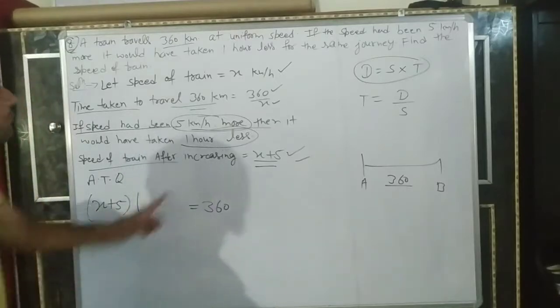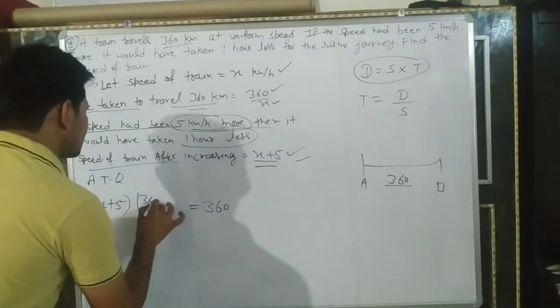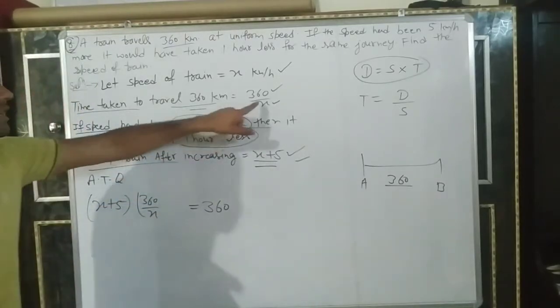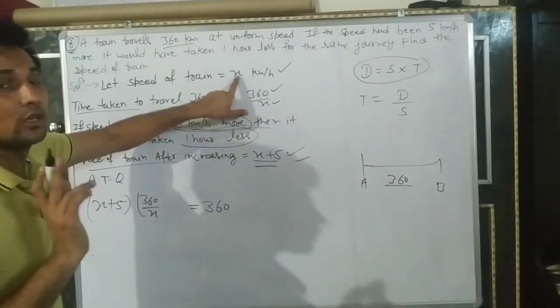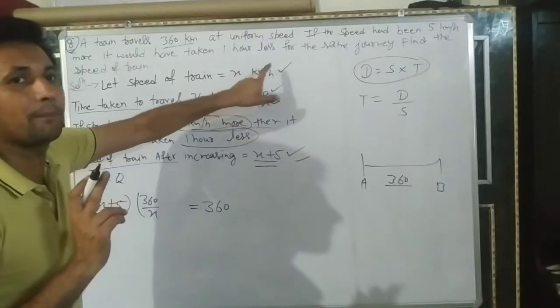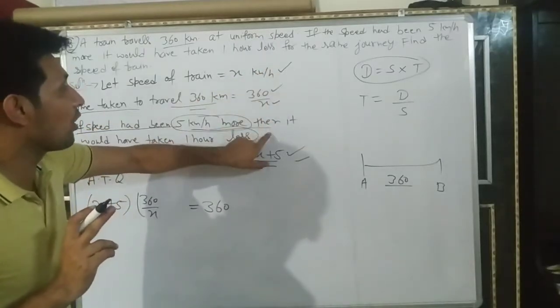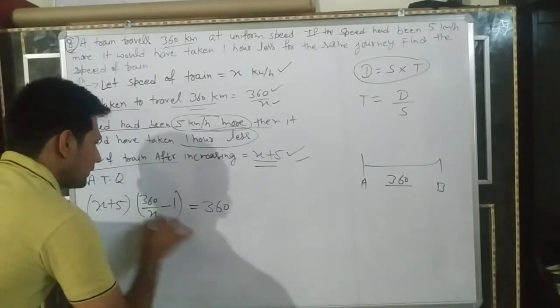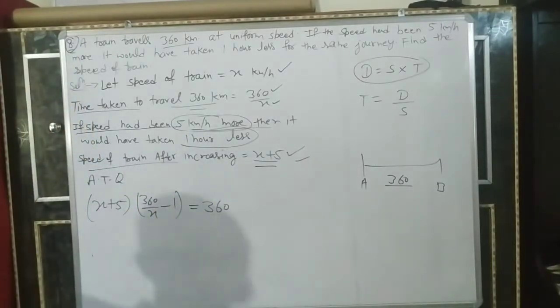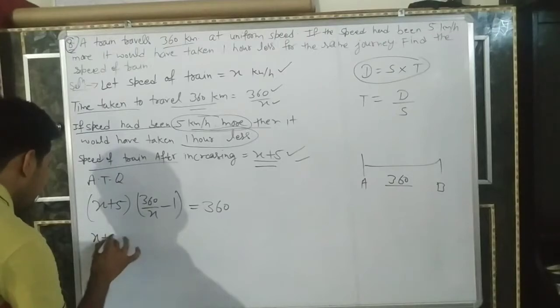The time is 360 divided by x, the time in the starting when the train is going with a speed of x km per hour. But when the speed is more, the time is 1 less. So 360 over x plus 5 equals 360 over x minus 1.